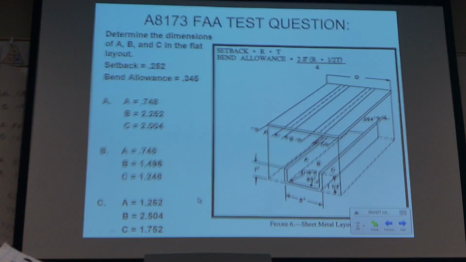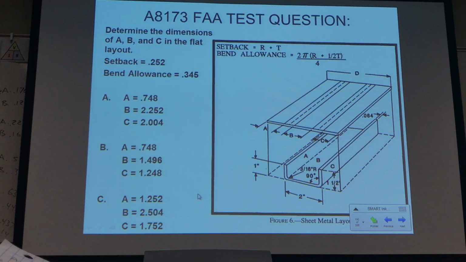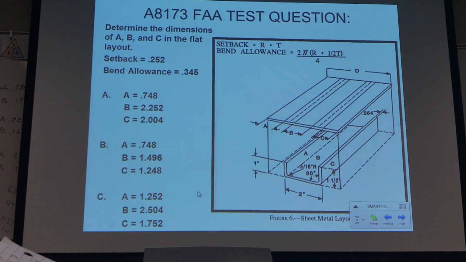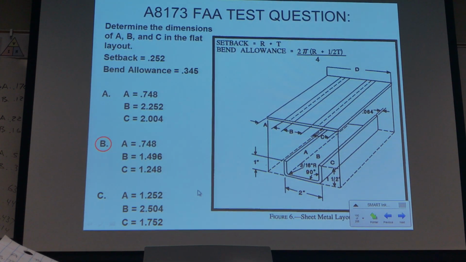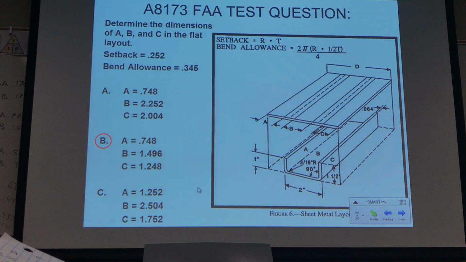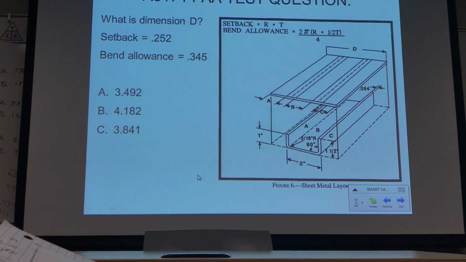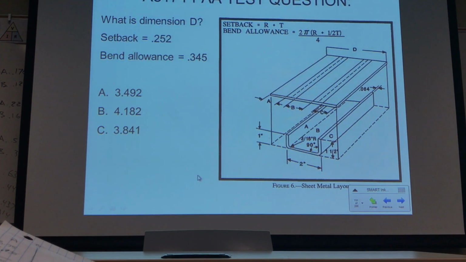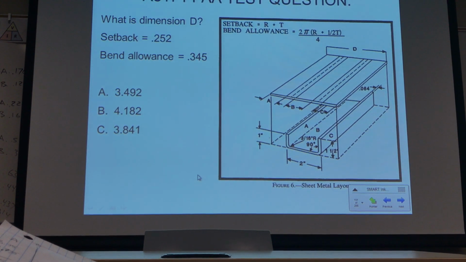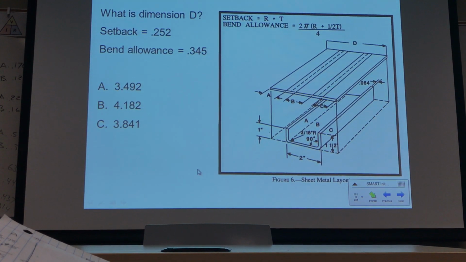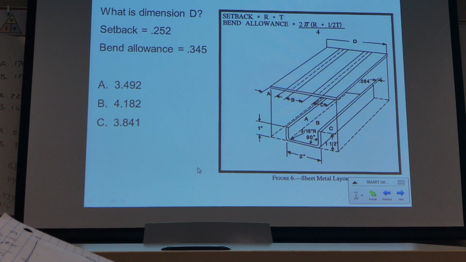And then from the last flat, you're going to have to subtract out one additional setback. Dimension D would be the developed width. So again, you have to work out the problem to figure out how much material is required for the entire part.